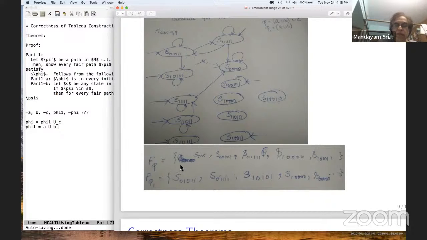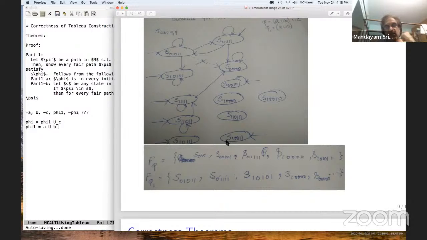And the until operator is the only one that has a liveness requirement and a fairness, because X does not have any need for a fairness constraint. That's why you have fairness conditions defined for every until subformula.